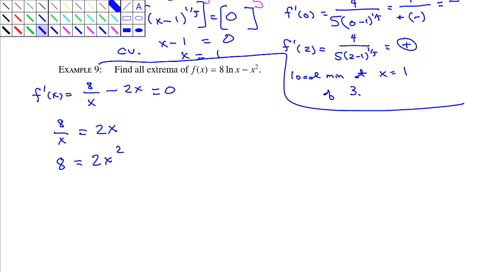Divide both sides by 2, and then if 4 is equal to x squared, what must the x be? 2 or negative 2. So x is equal to 2 or negative 2.